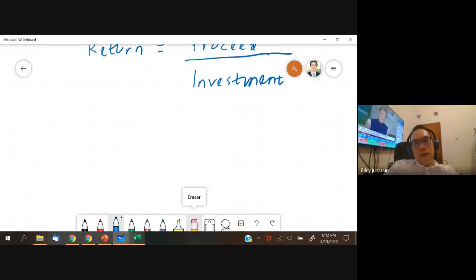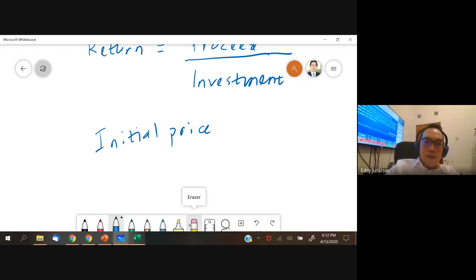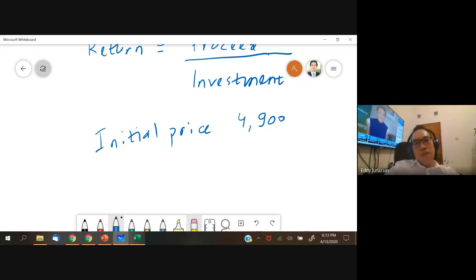So let's see an example. Suppose you bought any stock, maybe Bank Mandiri stock, right, with an initial price of 4,900. If you notice, currently the stock prices of Indonesian companies have plunged because of the crisis situation, like the health crisis.